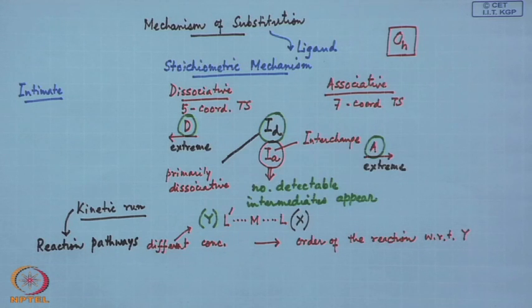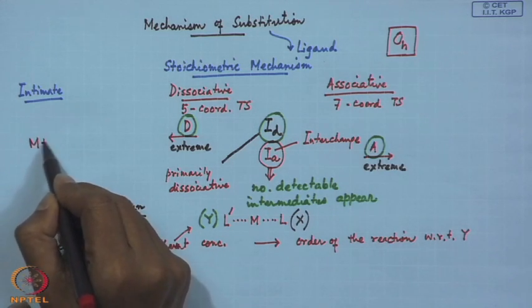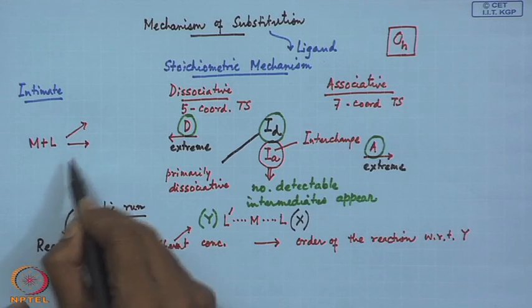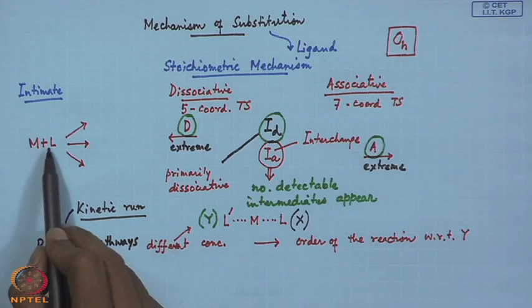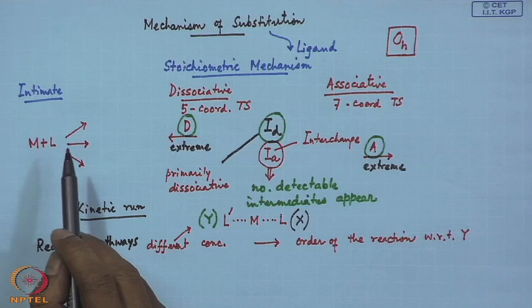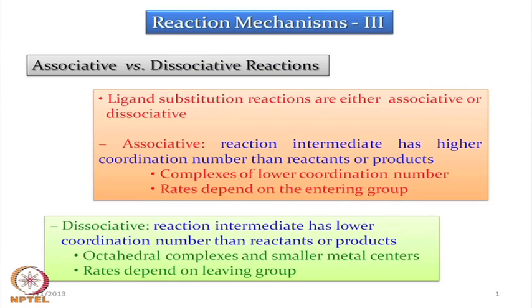When you do a particular reaction, say M plus L, and we can have different pathways for the reaction to take place where L is reacting with M, then we can find out the possible reaction pathways and their kinetic consequences, and we try to find the corresponding kinetic rate law.